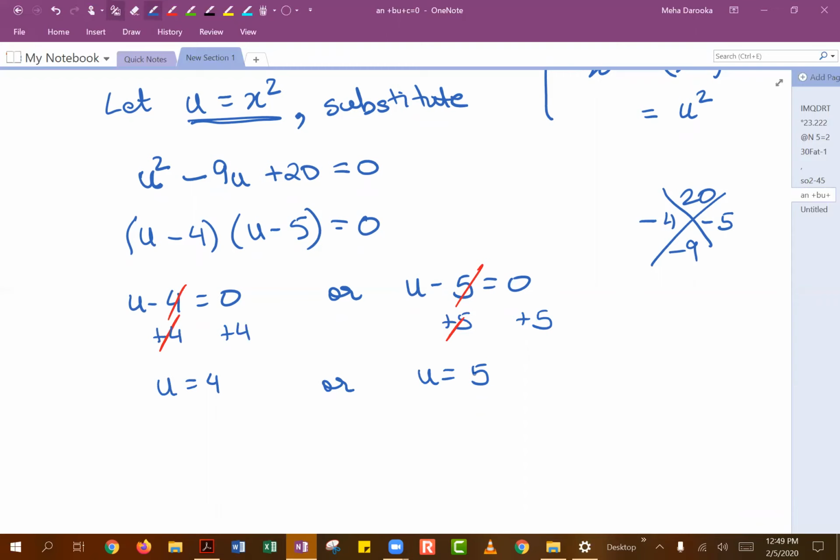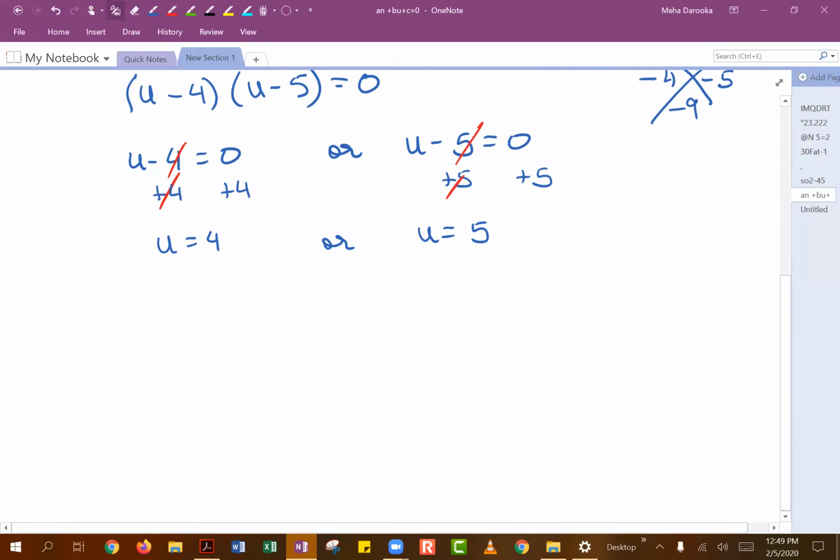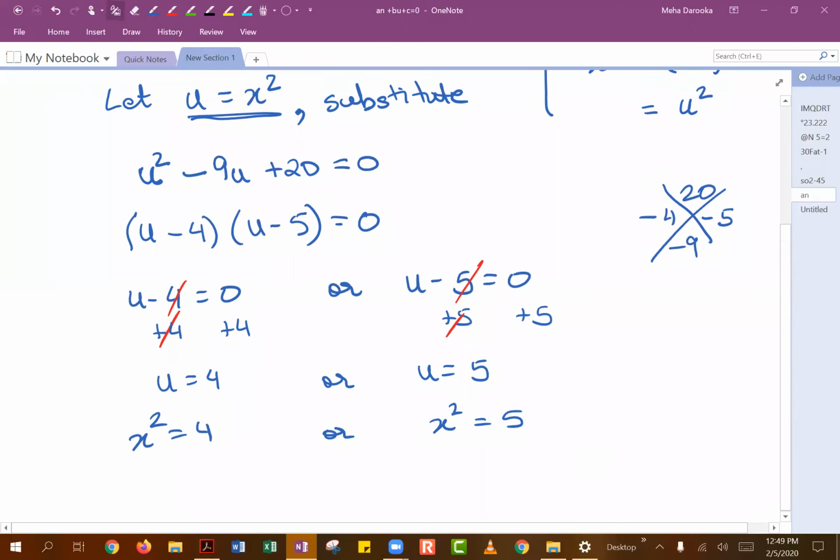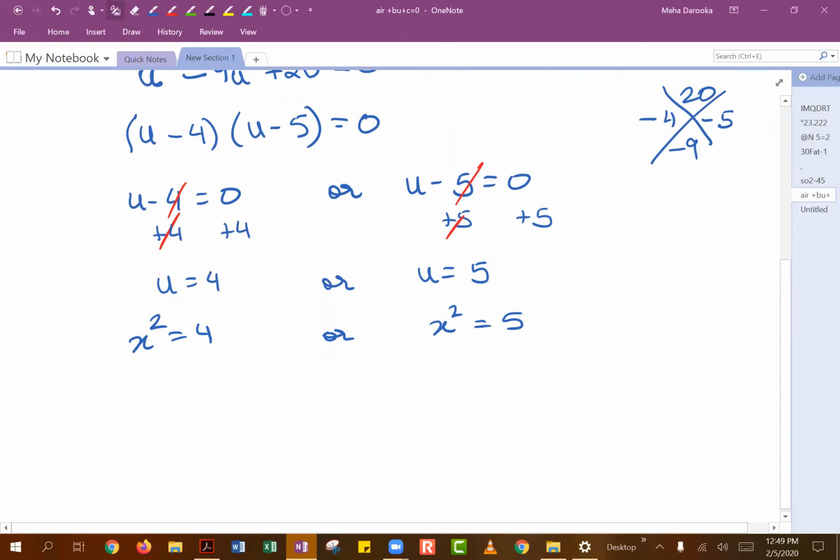Take each factor, set it equal to 0, and you end up getting u equals 4, u equals 5. Then you go back to that substitution. We defined u as x squared, so you will now replace your u with x squared equals 4, or x squared equals 5. In a way, we're resubstituting, putting it back in the original form.